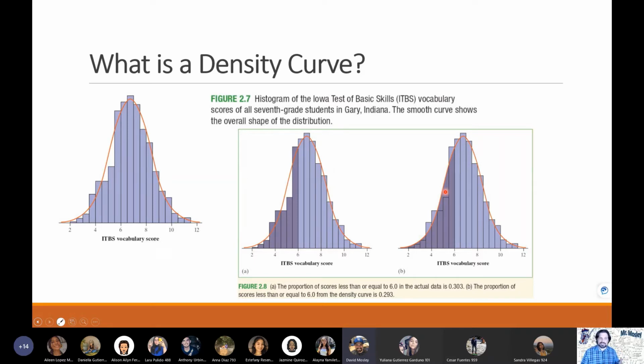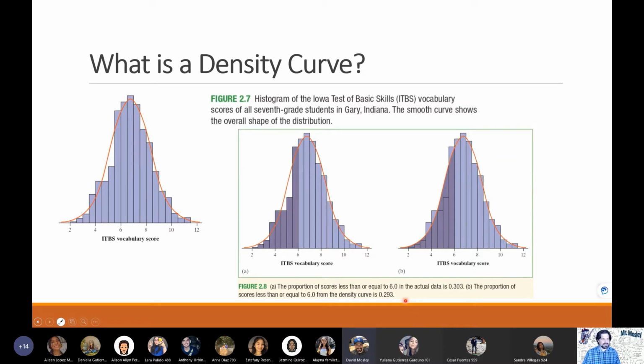And as far as calculating the actual area under the curve, to do that you need calculus and other math to actually find the function of the curve, which we're not going to do. You're not going to have to do that for this course. It's not a requirement. Don't get caught up in how to actually calculate that proportion.